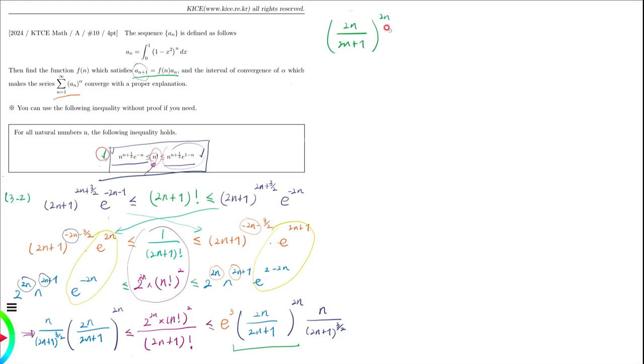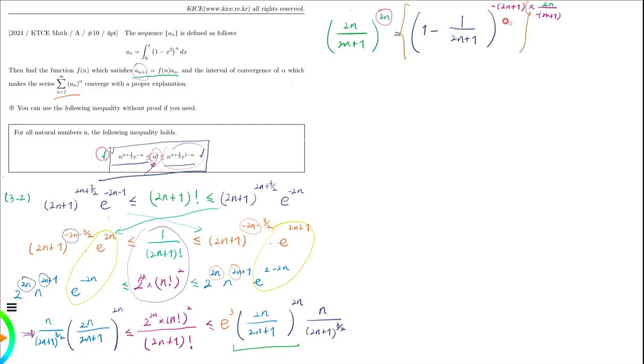So when I rewrite it as one minus 1 over 2n plus 1 inside the parentheses, and I take a minus (2n plus 1) power and times minus (2n plus 1) for its denominator, and I take a power 2 times n, I have the same value here.